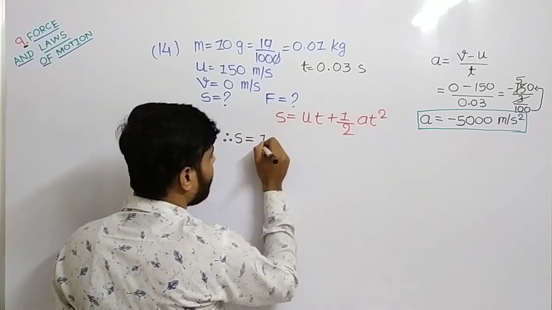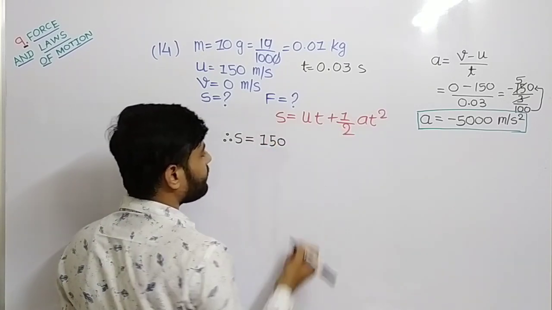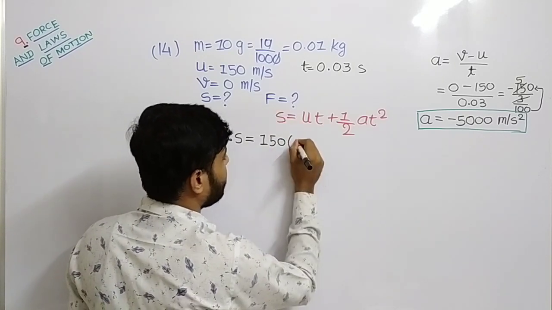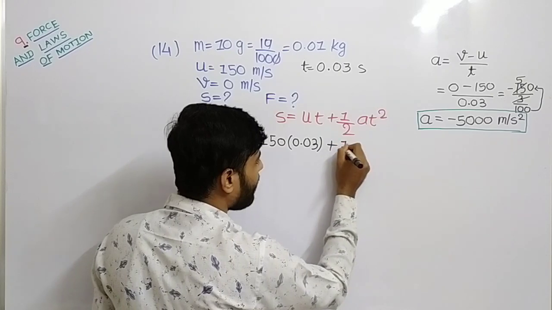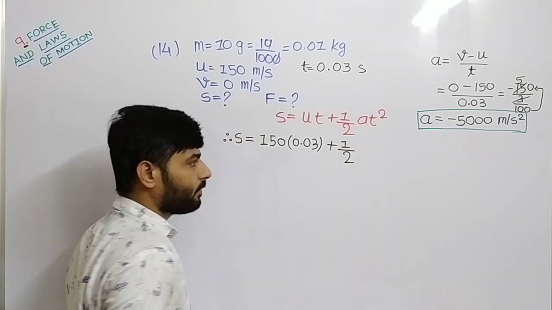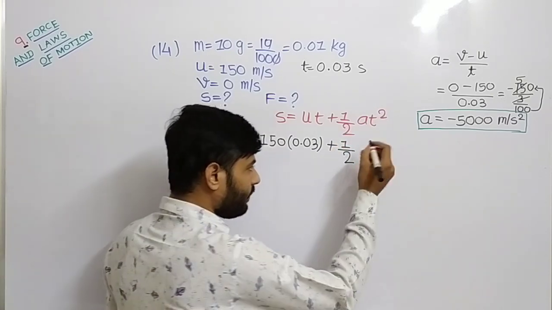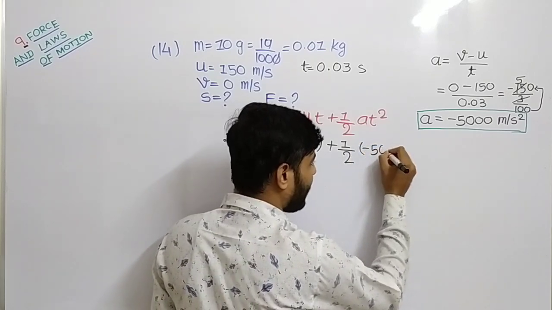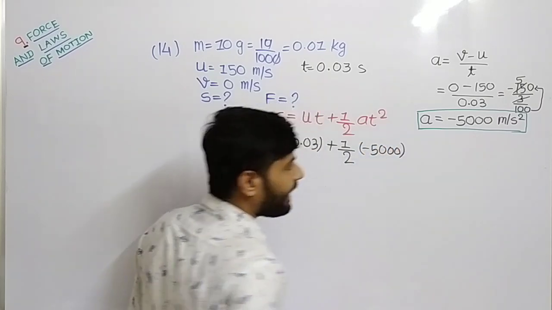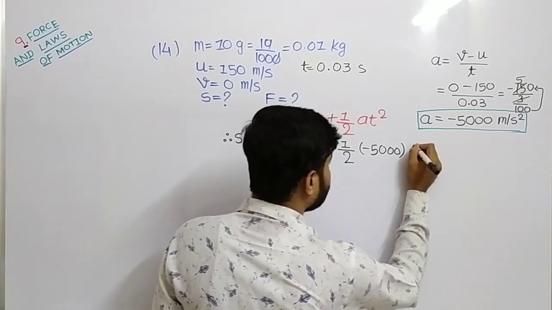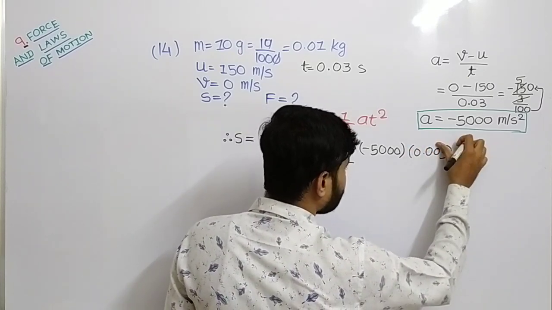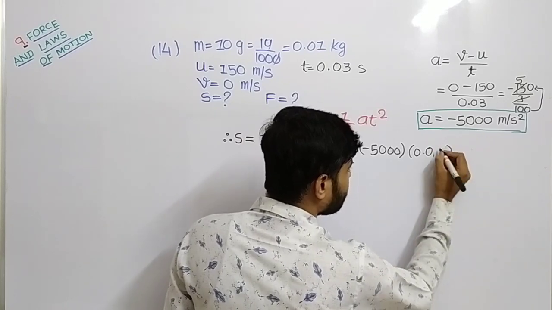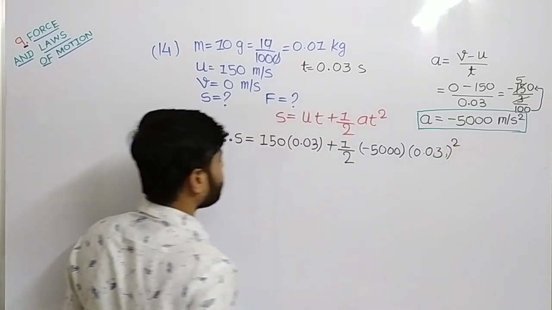U is 150, t is 0.03, plus half, a, that is minus 5000, and t square, that is 0.03 square.